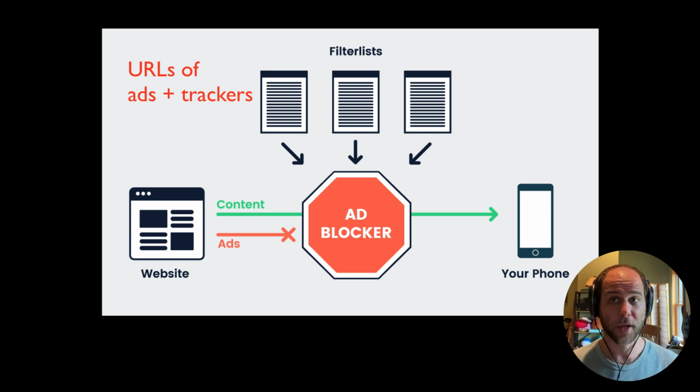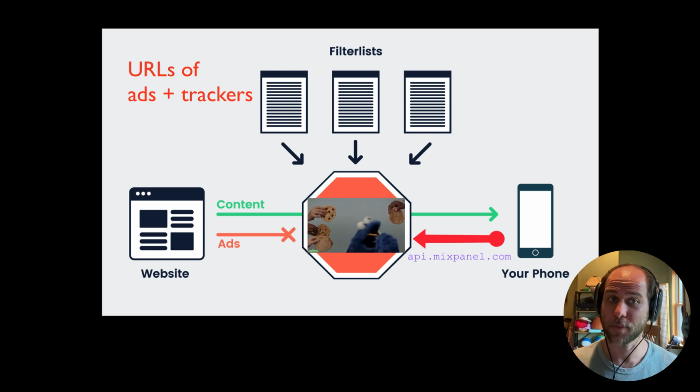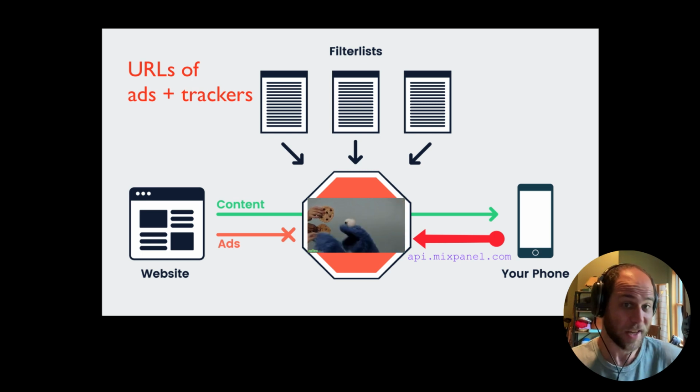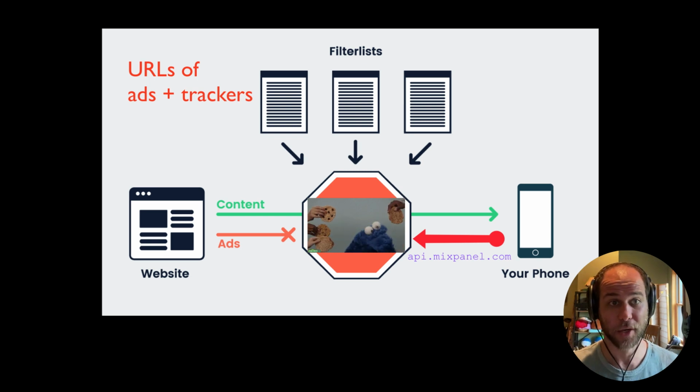When you install an ad blocker on your browser, every time your browser makes a request, for example to api.mixpanel.com, the ad blocker checks to see if this URL is on the list. If it matches the ad blocker's blacklist, Cookie Monster swallows up the request and it never reaches its destination. And you don't get to see what your end users are doing in your app.